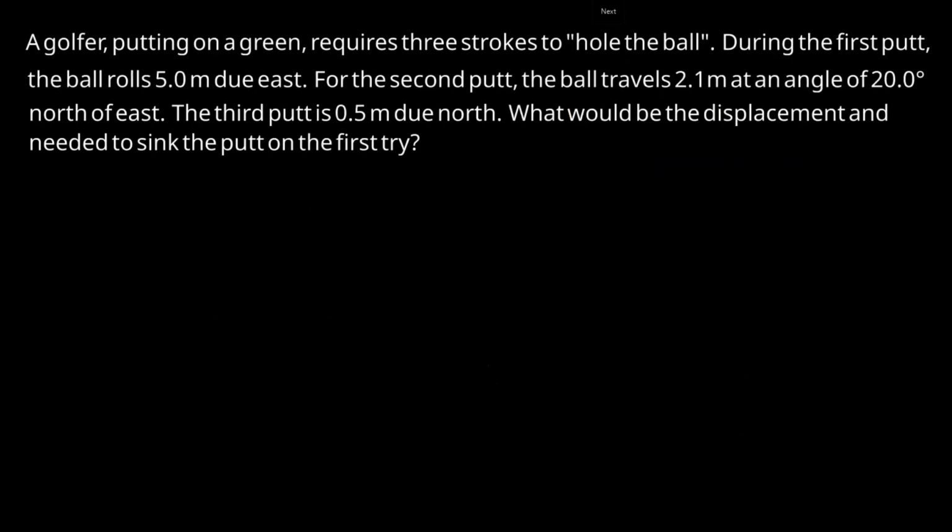In the next example, a golfer is on the green putting. He strikes the ball 3 times. The first one rolls 5 meters due east. The second one then travels 2.1 meters at an angle of 20 degrees north of east. And the third putt is 0.5 meters due north. So let's see if we can get this drawn here. So that's 5.